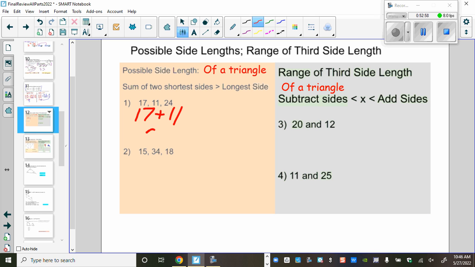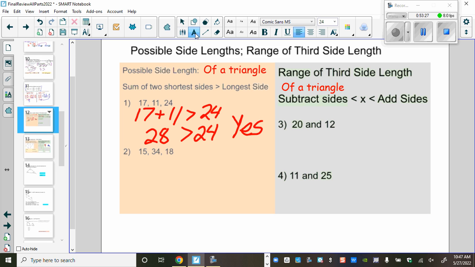Is 28 larger than 24? So can this work? Can these three numbers form a triangle? Yes. That works.